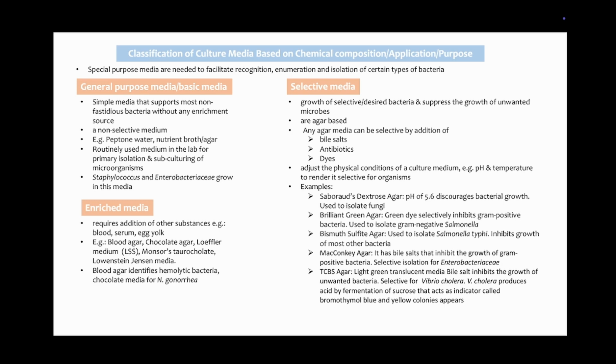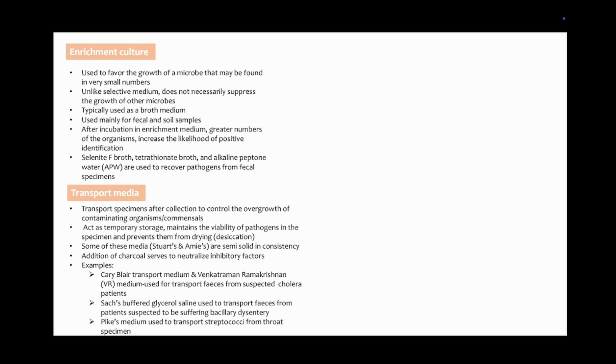For enrichment broth, there are a lot of different types, but the ones that you will most likely use are alkaline peptone water for Vibrio, and tetrathionate broth, selenite cystine broth or selenite F broth, and Rappaport-Vassiliadis broth.